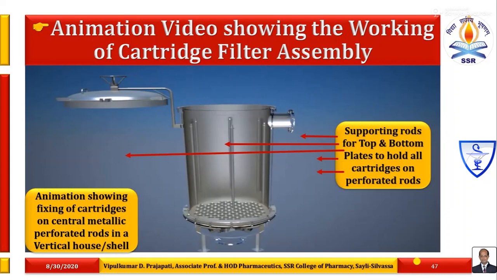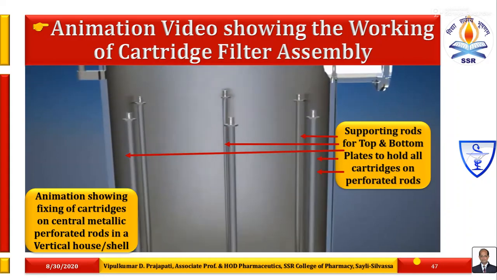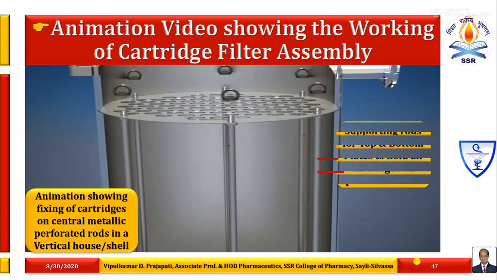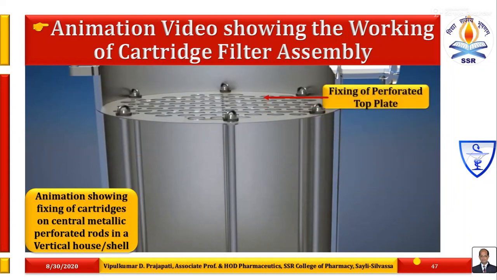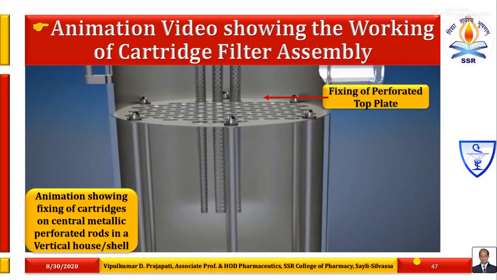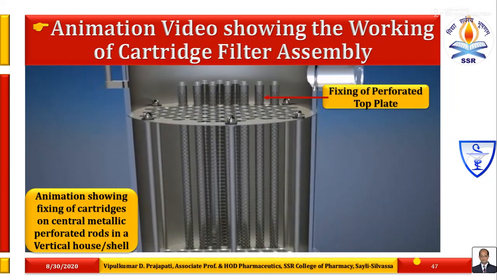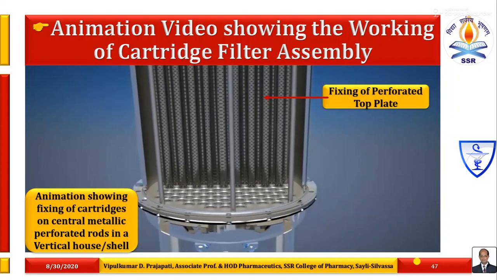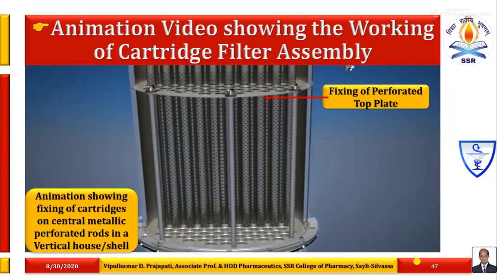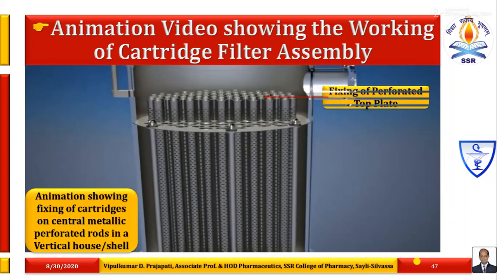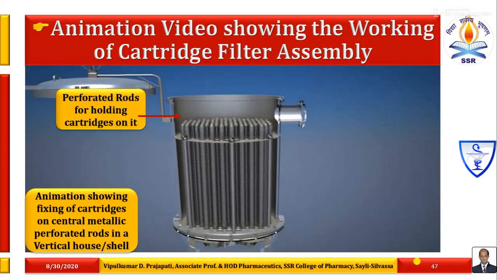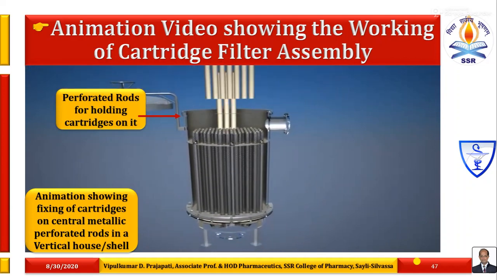The supporting rods are inserted inside the cell, then the perforated top plate is fixed with the help of guide rods, then a number of central perforated rods are fixed for holding cartridges on them.